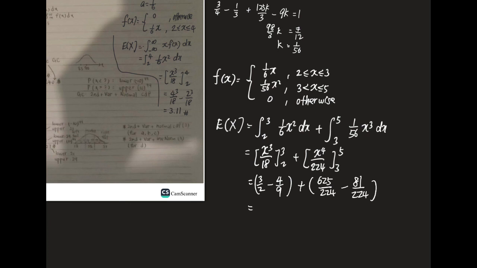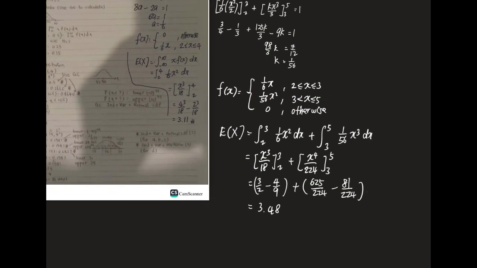So 3 over 2 minus 4 over 9, plus 625 over 224 minus 81 over 224. Okay, so I get 3.48.